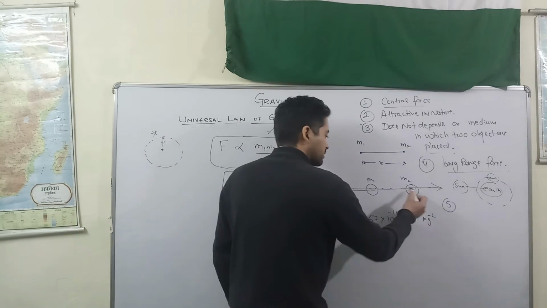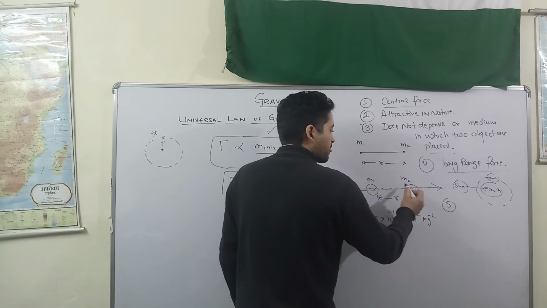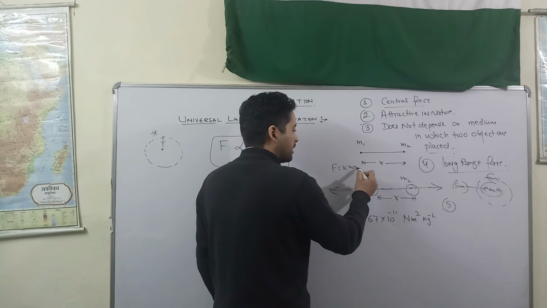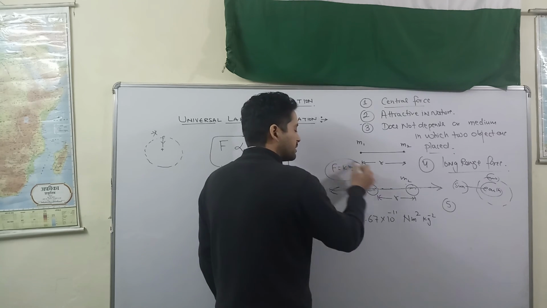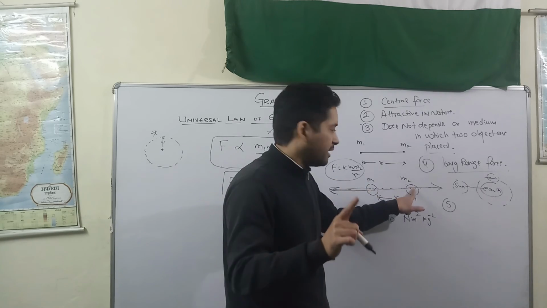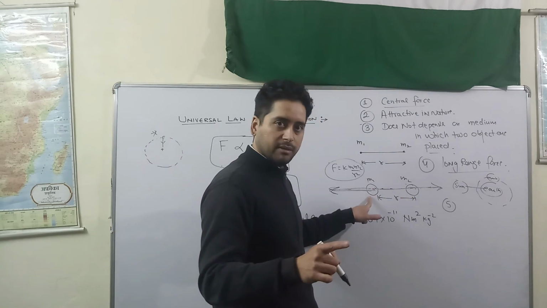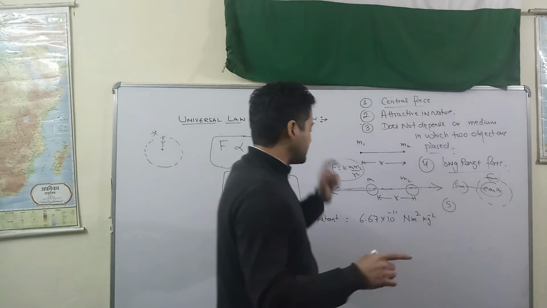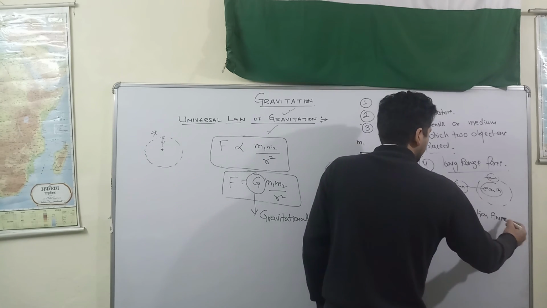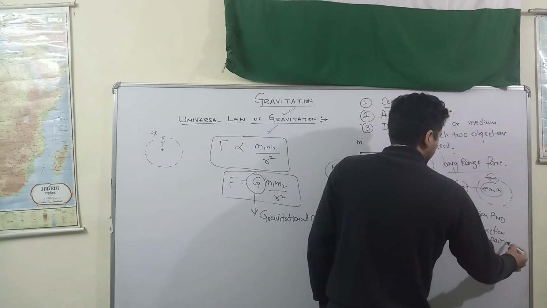If we have to calculate the force between m1 and m2, and the distance is r, then the force is F equal to K m1 m2 over r square. This much force m1 will apply on m2. Similarly, m2 will also apply the same force on m1. So it has action and reaction here.